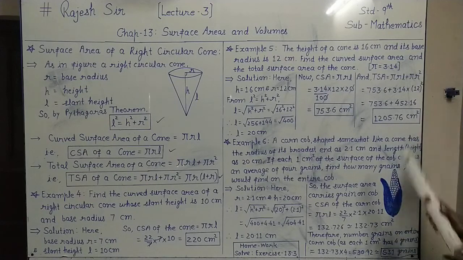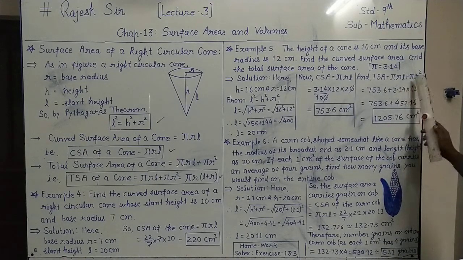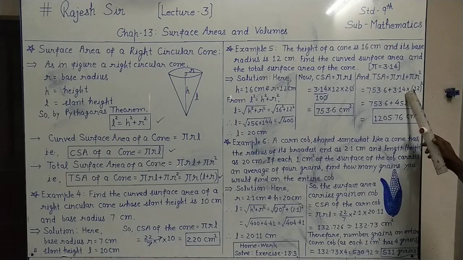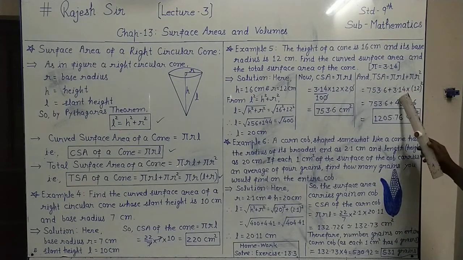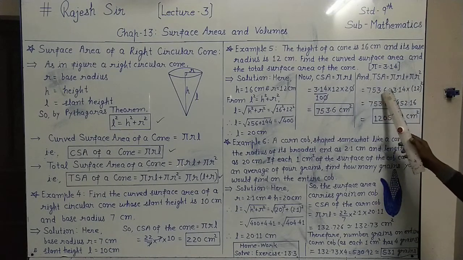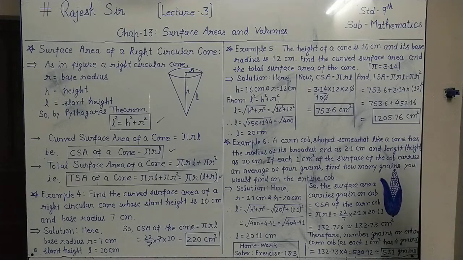Plus, pi r square we are solving now. So plus pi is 3.14 into r is 12, and its square, so 12 square. 12 square means 12 into 12, and we multiply 3.14 with that. So this portion's answer will be 452.16, and plus 753.6 as we have kept.